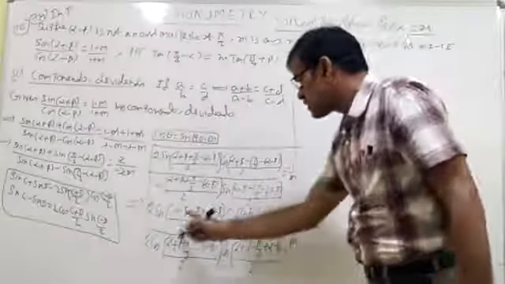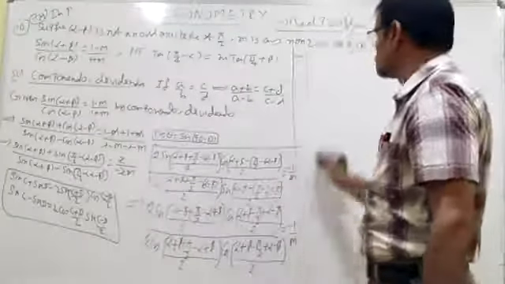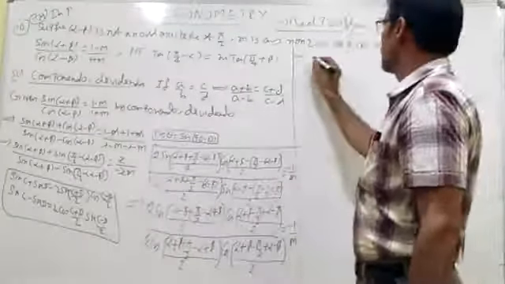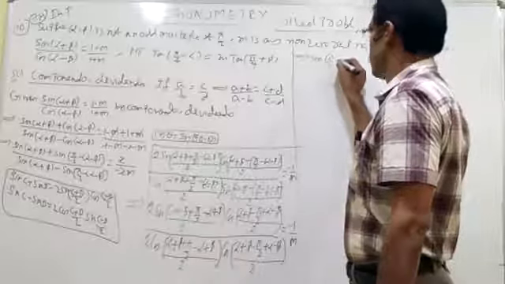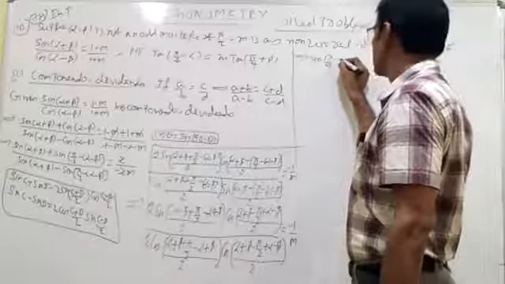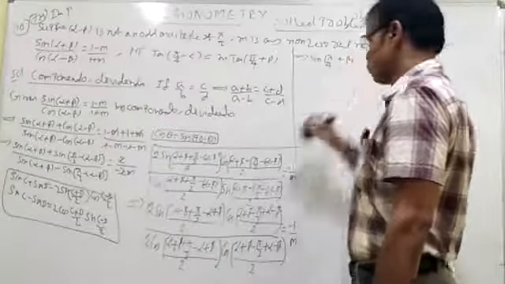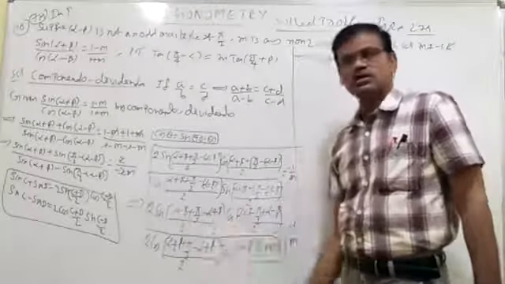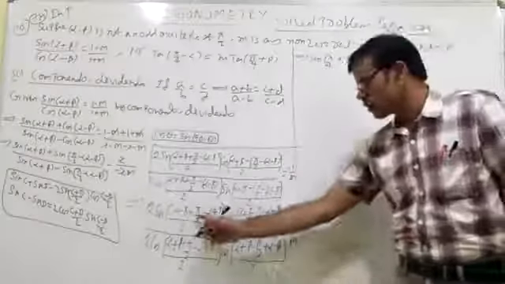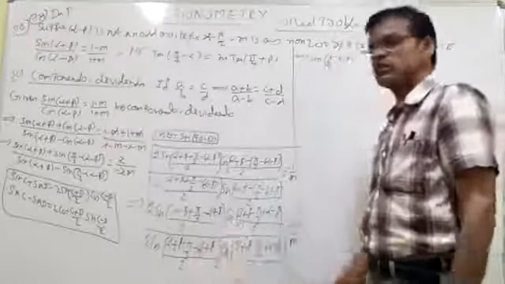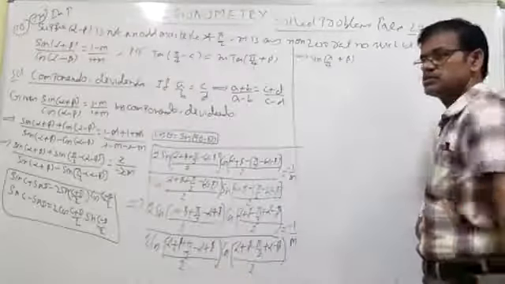Now what is happening? Sine of beta plus beta becomes 2 beta. Now sine of, try to understand the step I am writing, pi by 4 plus 2 beta by 2, it is pi by 4 plus beta. Students, beta plus beta is 2 beta, 2 beta plus pi by 2, pi by 2 plus 2 beta whole by 2 becomes pi by 4 plus beta.